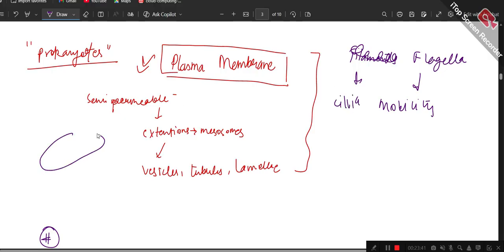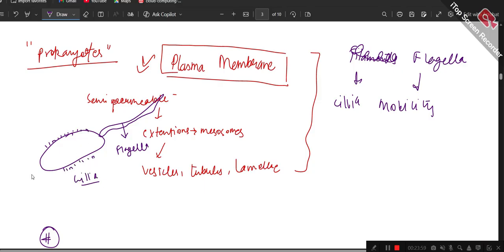If this is the cell, this long tubular structure which helps it gain mobility is the flagella, and the short, small structures protruding out of the plasma membrane are called cilia.